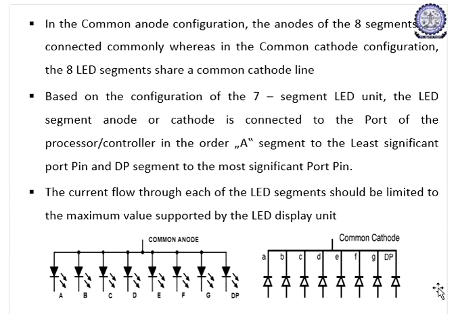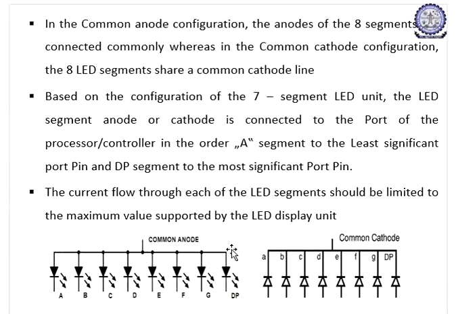Here is the diagram for the common cathode and common anode configurations. If you look at the slide, you will come to know very clearly. In the common anode configuration, the anode part of all the segments, all the LEDs, will be connected here. If it is connected to the VCC or ground, it will glow according to whether it is active high or low.